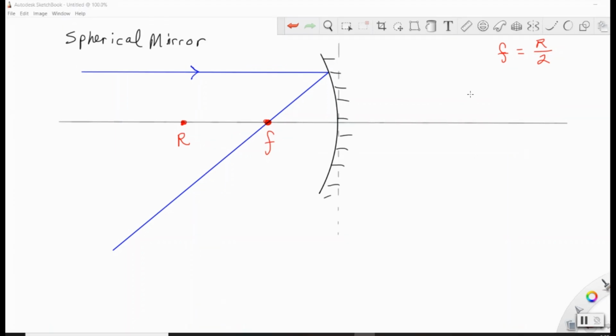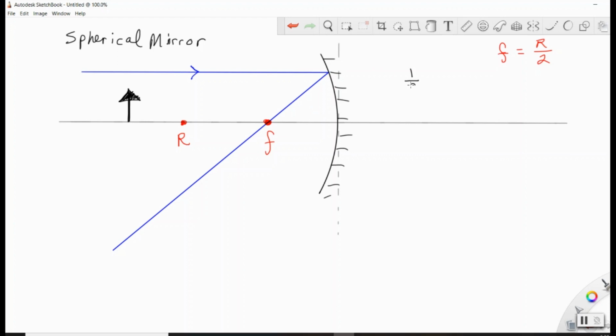So you may be asking, what equations apply here? The equation for the object versus image distance, if we take an object and place it right here, and it's going to have, of course, an object distance from our optical plane, same as we did in the lens case.